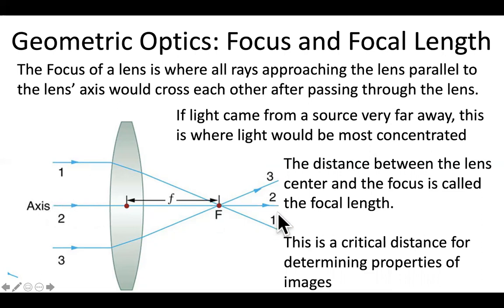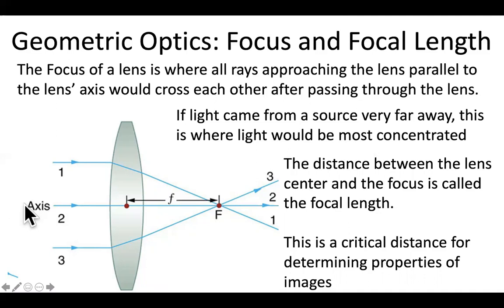Light going along the axis stays going along the axis, light a little above hits this surface, gets refracted, hits this surface, gets refracted again, and then gets pulled down towards the focus. Down here, the light ray gets bent up towards this point, and all of these rays and anything in between pass through a single point called the focus.